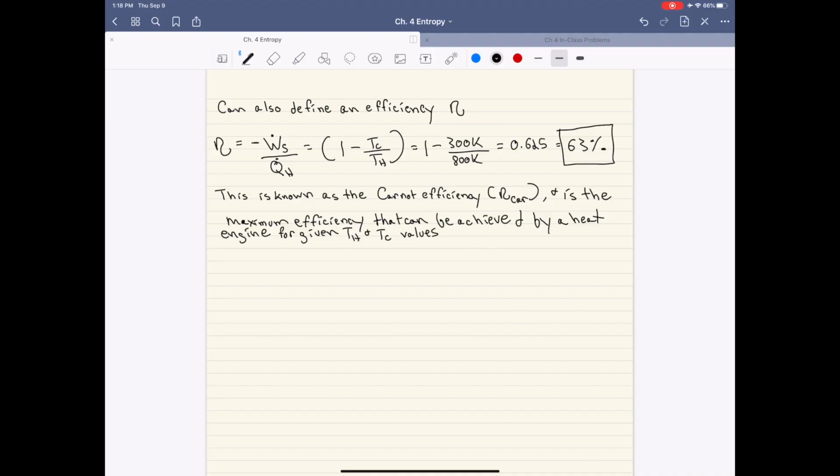So if you just know these two values, you could calculate this Carnot efficiency. Okay? And we'll talk more about this in chapter 5.